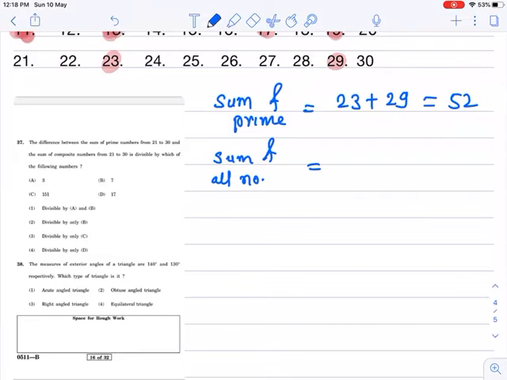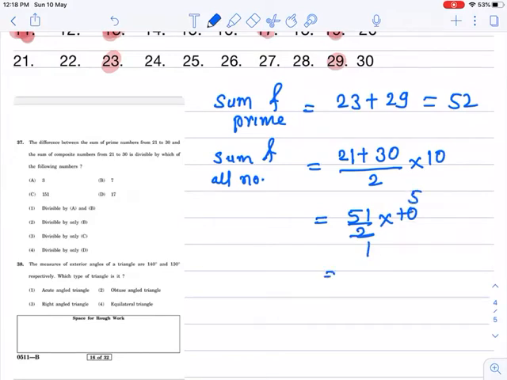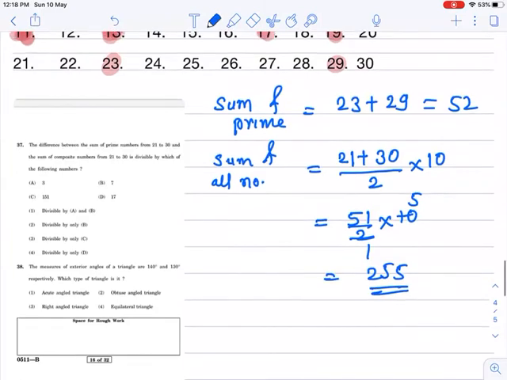So we'll use a trick or simple method for this addition of consecutive numbers. For that we have to see the first number and last number. So I will write 21 plus 30 upon 2 into 10, as these are 10 numbers. So the addition will be 51 upon 2 into 10, 2 into 1, 2 into 5. So the addition will be 255. So we got the sum of these numbers.